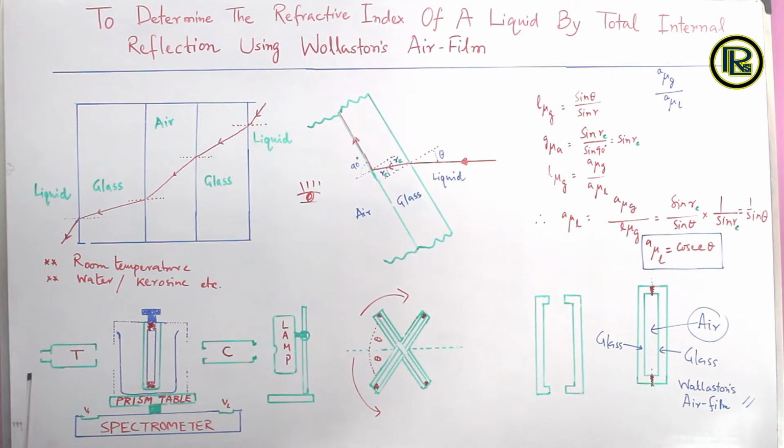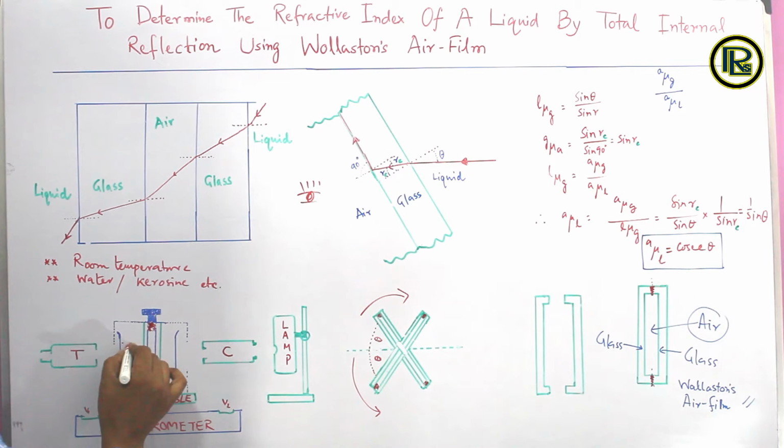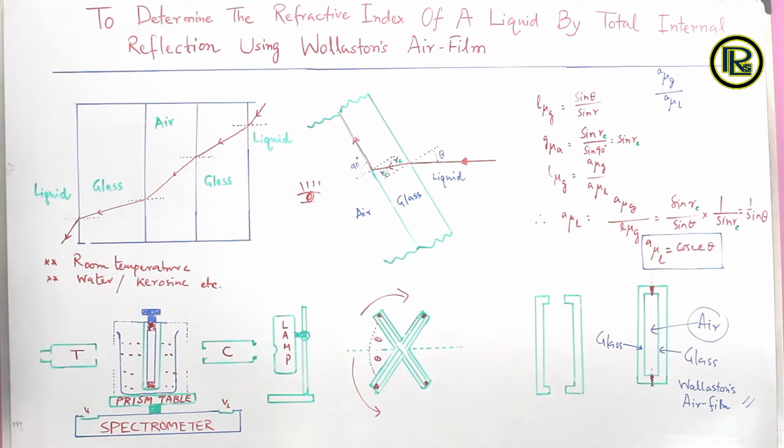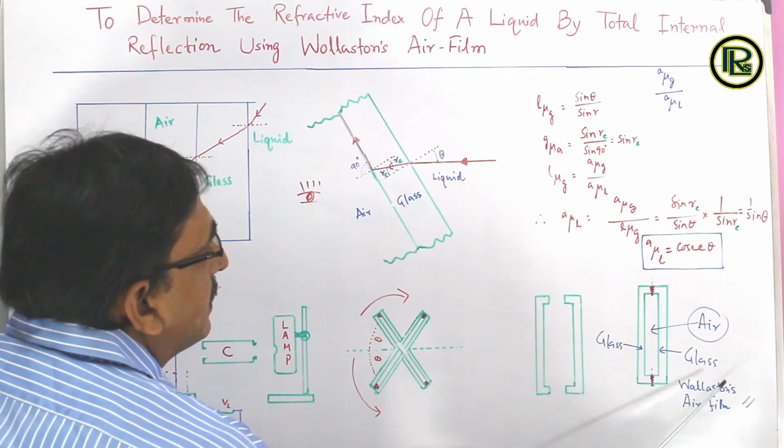And then we need a container to take the liquid for which we want to measure the value of the refractive index. This should be a transparent glass container. So we have to pour the liquid, fill it like this, and then insert this Wollaston's air film.